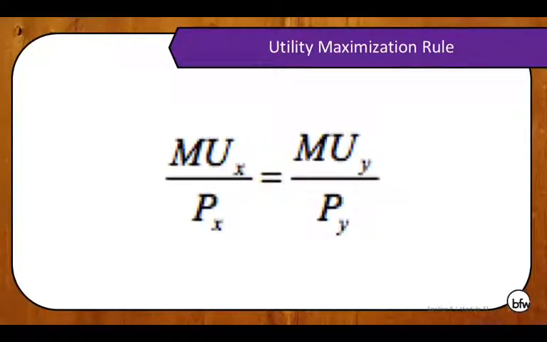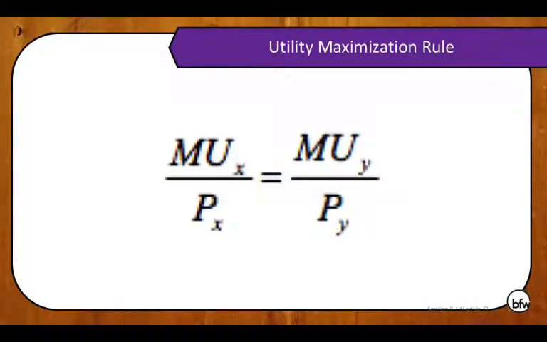Now, can we come up with a rule for this? Is there a formula for utility maximization? And actually there is. Okay? As long as one good provides more utility per dollar than another, the consumer should buy more of that good to maximize utility, and there's a reason for that.